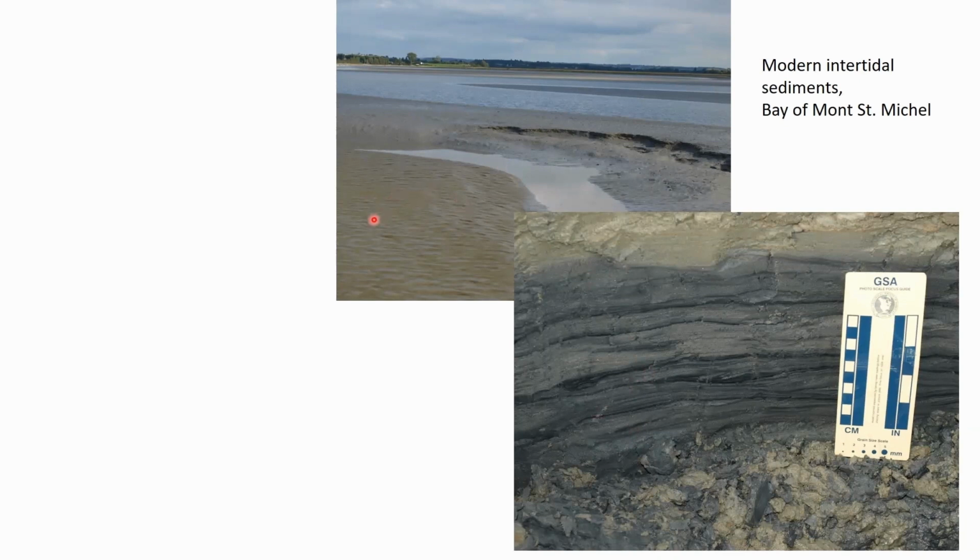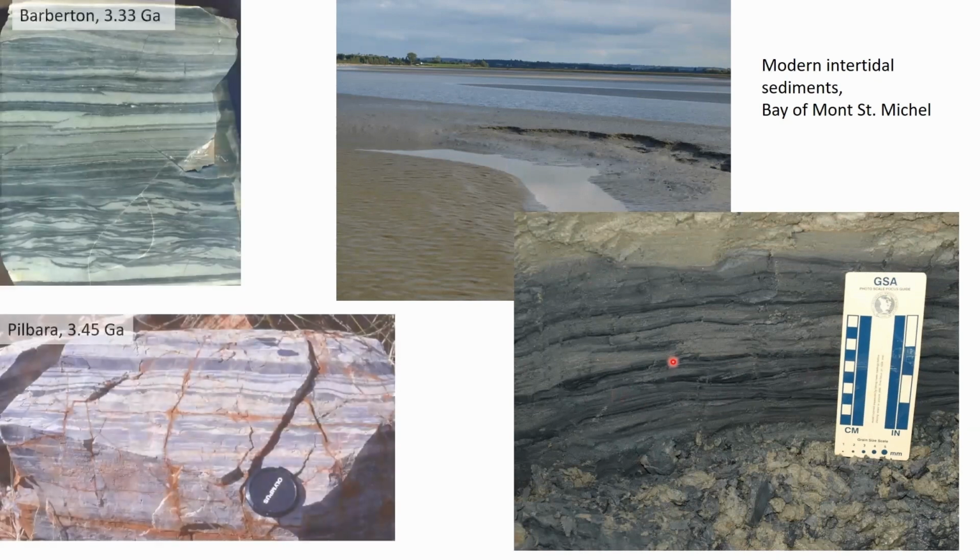So if you take a spade and cut into these ripple-marked mud flats here at the edge of the coast, you see these cross-cutting structures. These are typical of the cross-bedding. And we see this in the rocks from both Barberton, where you can see the fossilized ripple marks here, and also in the Pilbara, where we see the fossilized ripple marks. So this is the environment.